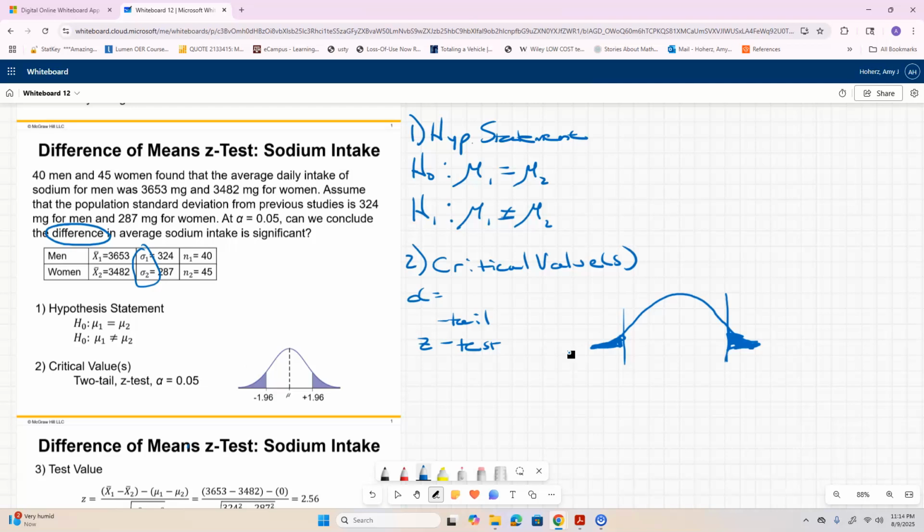And so we're interested in higher up or down on our test. So this is a two-tail, and we know it's alpha equals 0.05. So we're going to go to our chart and we're going to look at alpha 0.05 two-tail z-test.